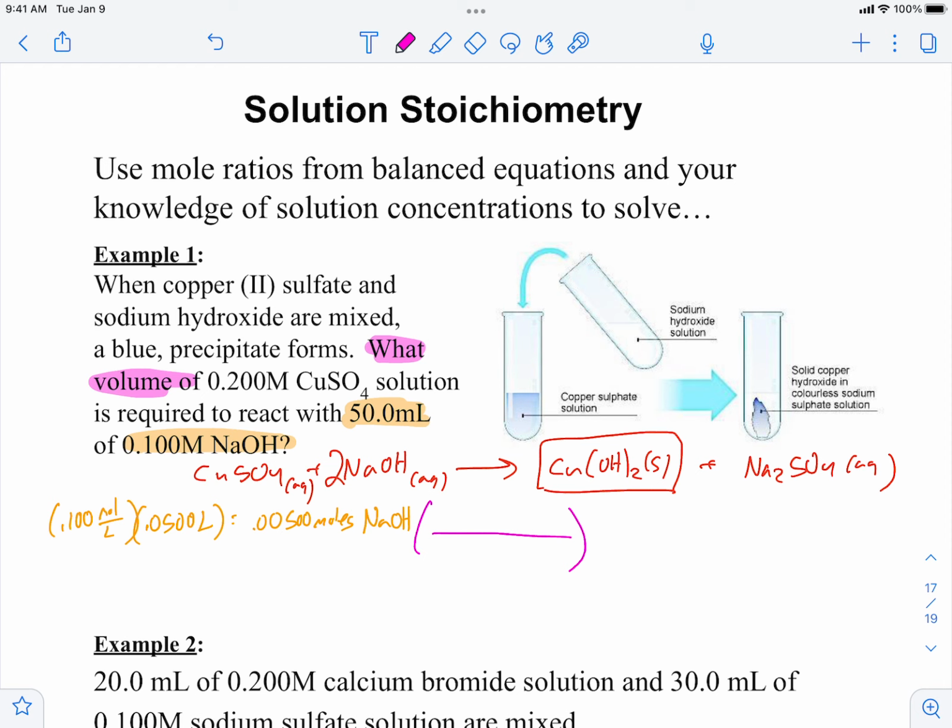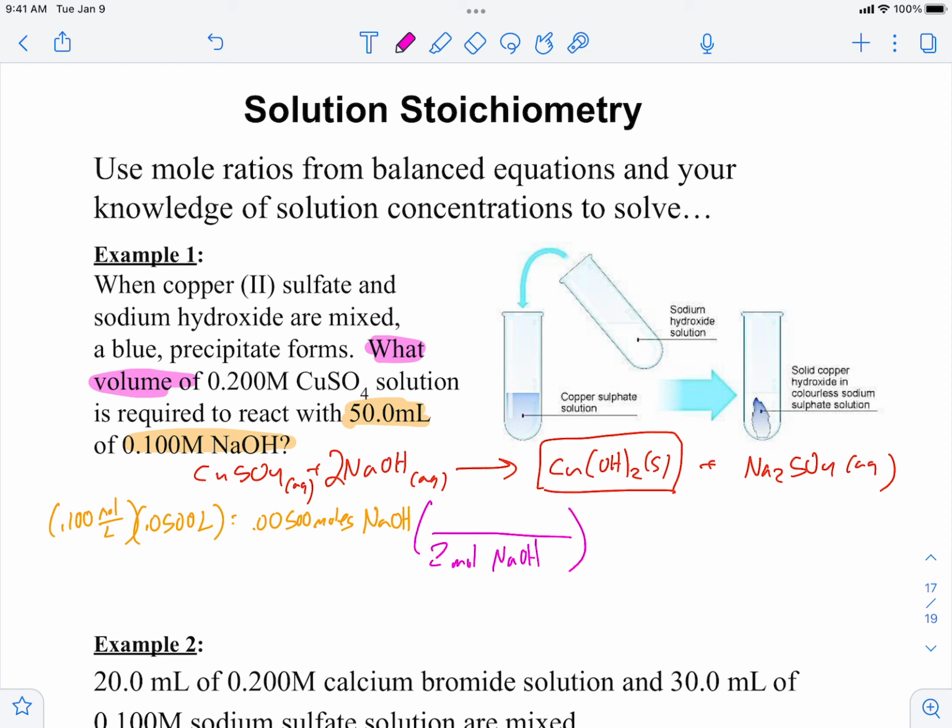So how do I do that? What goes where in my multiplication bracket? Yep.